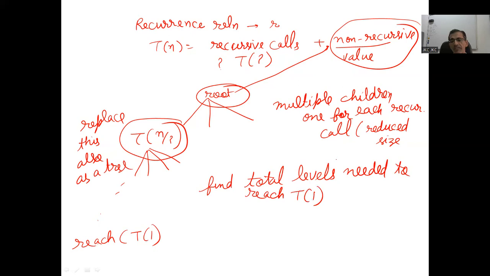Once you know the total levels, before going to time complexity, I will say find the summation of each level as its contribution.